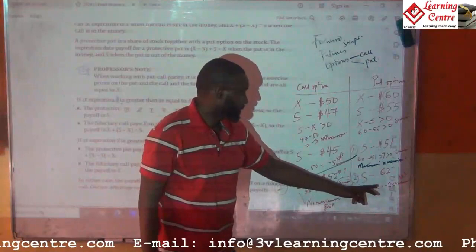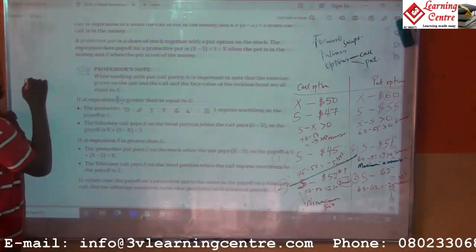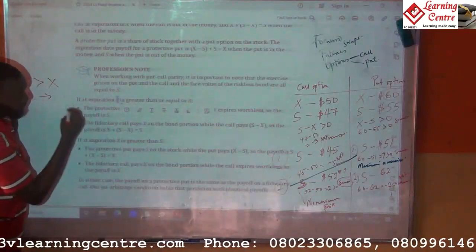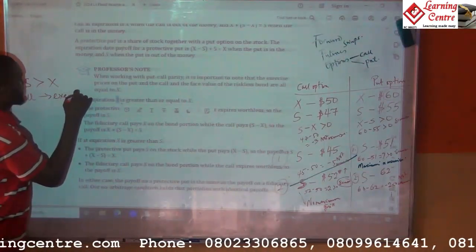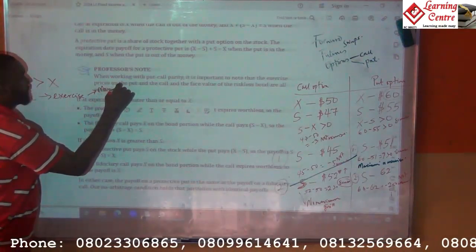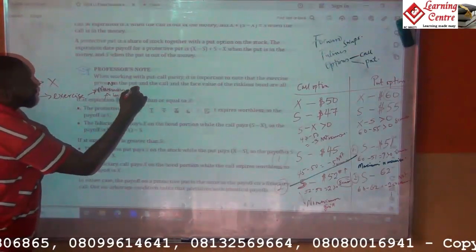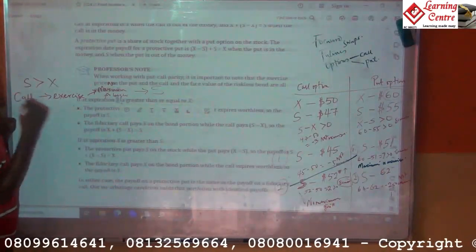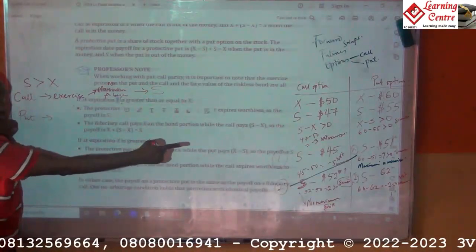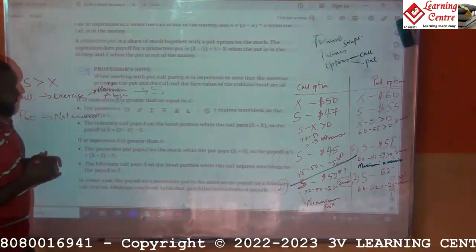So for the call option, when S is greater than X, just follow me on. For the call option, we said what happened. You will exercise, right? And we said there is no maximum for the buyer. Or we just say the maximum is equal to S. For the put option, in this same scenario, you will do what? Not exercise. Okay.